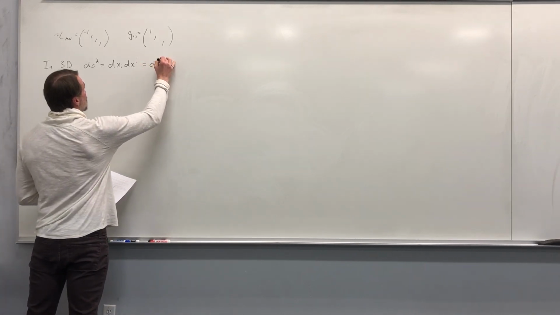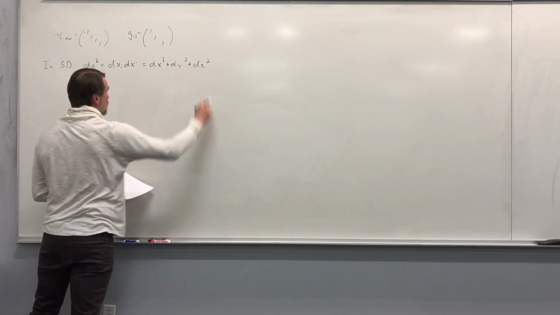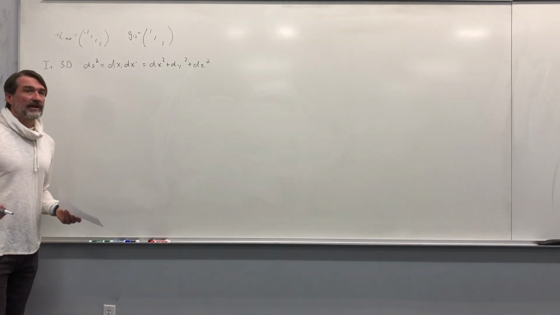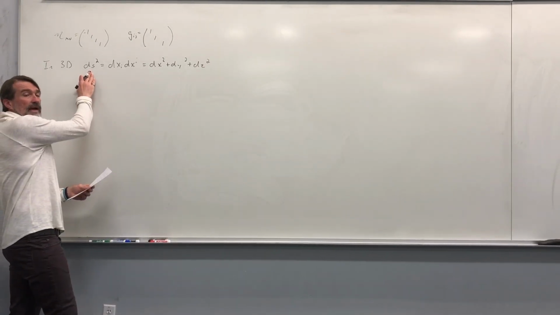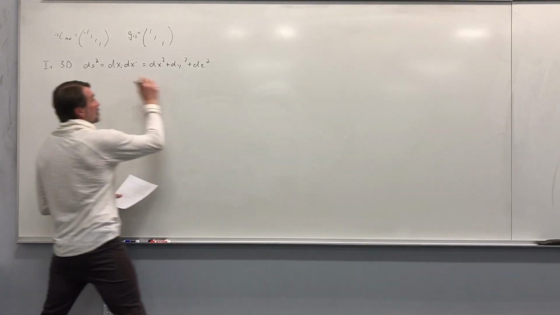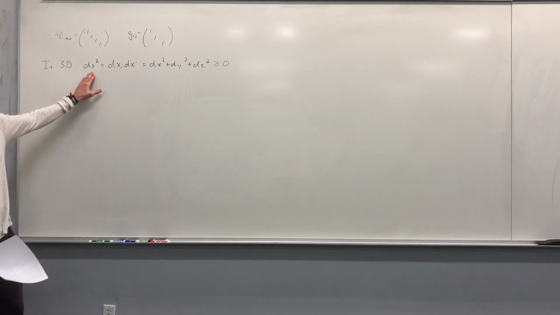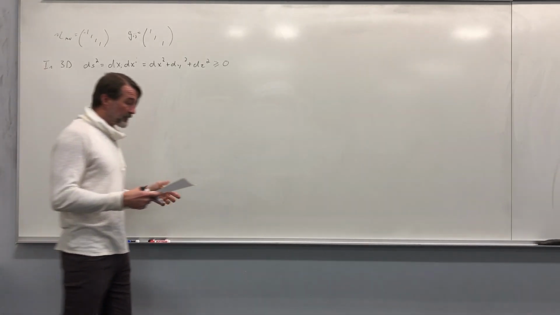Then this just becomes dx squared plus dy squared plus dz squared, okay? And one observation you can immediately make is that the square of the coordinate differential is always greater than or equal to 0 because it's the sum of a bunch of squares, okay?